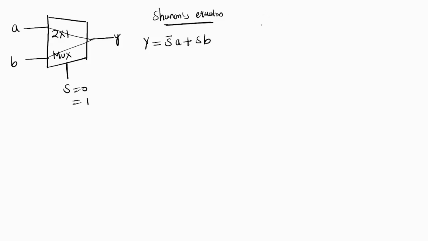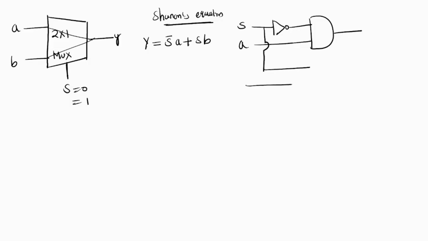So this is S, so S bar and A. S bar A is connected with an AND gate, and next this is B, S and B, and these are connected with an OR gate.